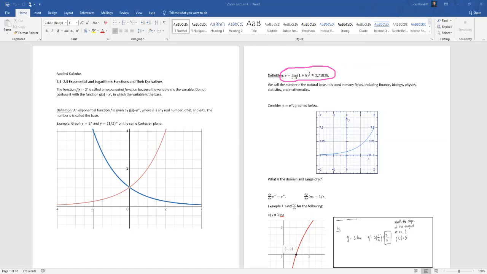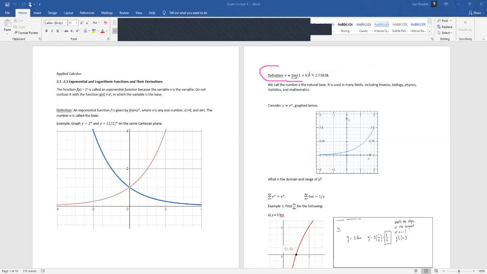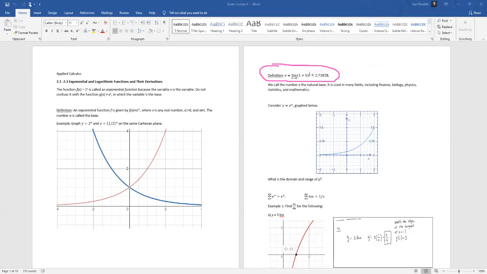And it has a lot to do with the fact that quantities that grow based on their size at any given time tend to grow more if they're larger, and they tend to decrease more if they're smaller. And they behave according to the mathematical rules that we're about to look at. So just know that when you see e, it stands for 2.71828, and it's used as the base for the natural logarithm.